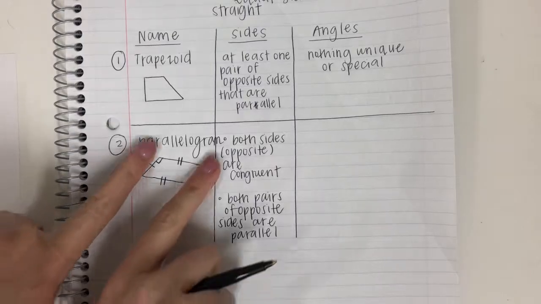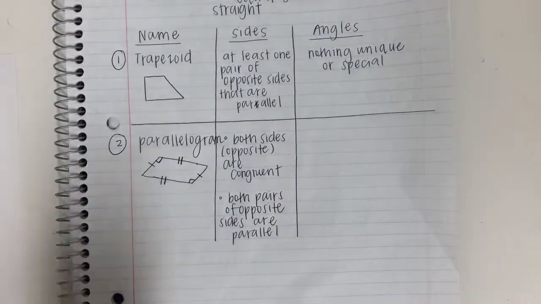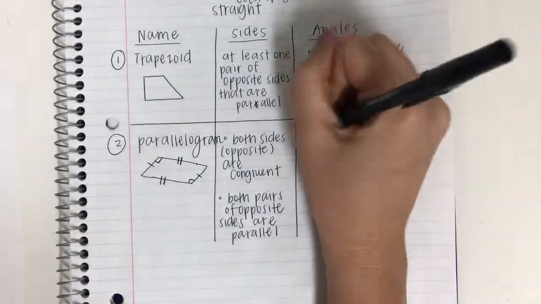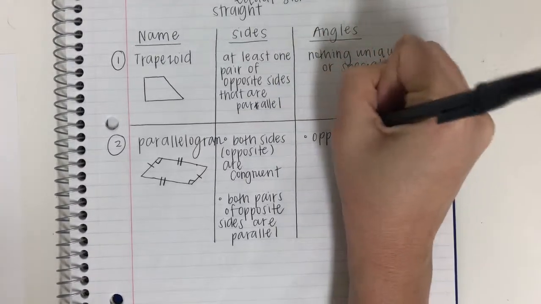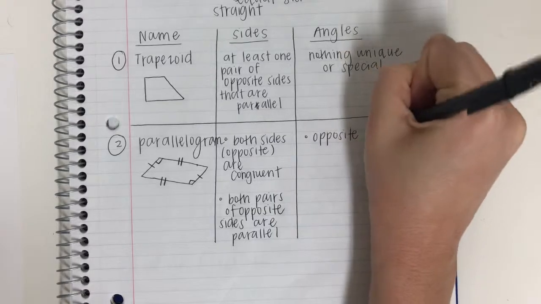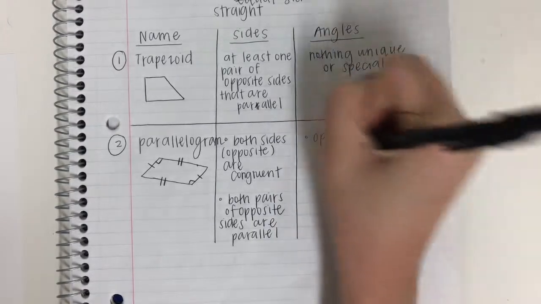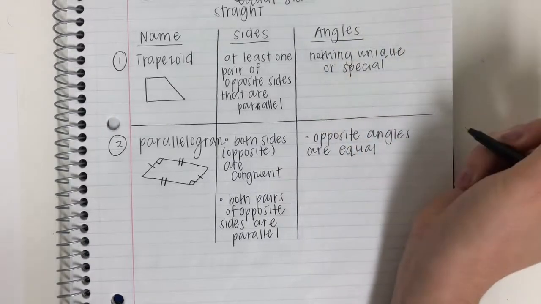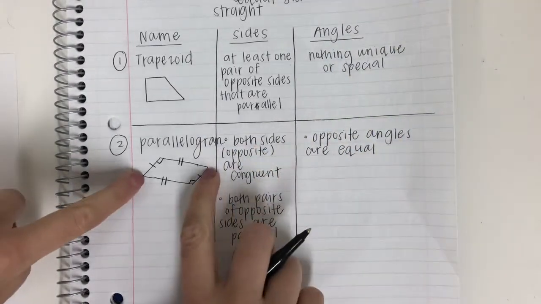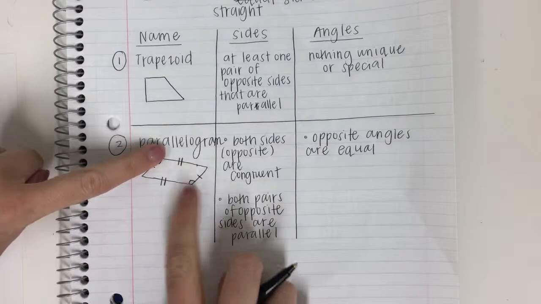These sides are also parallel and they will go on forever and they will never meet. For the angles, the opposite angles are equal. So these angles are equal if you had a protractor, and these angles are equal.